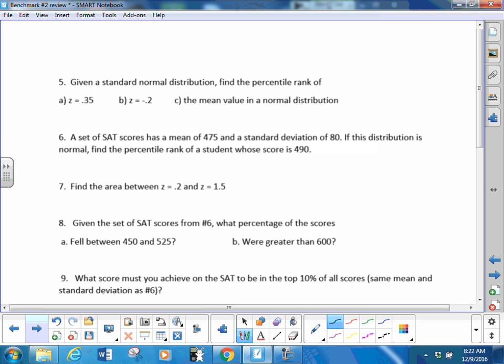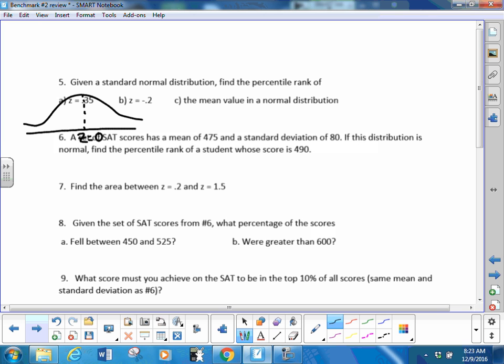Okay. Given a standard normal distribution, find the percentile rank for z equals 0.35. Okay, so we know right here where the mean is, we just saw on the previous page that wherever the mean is, your z is 0, because z is how many standard deviations you are from the mean.